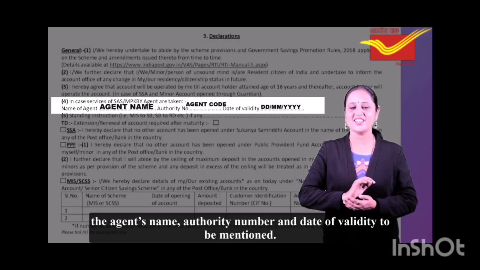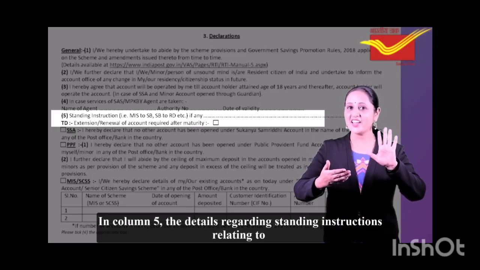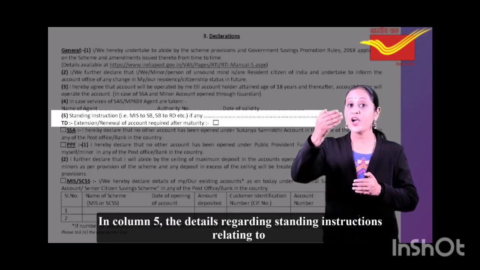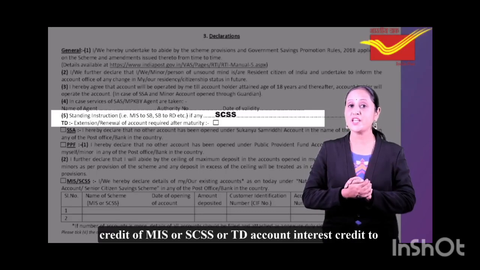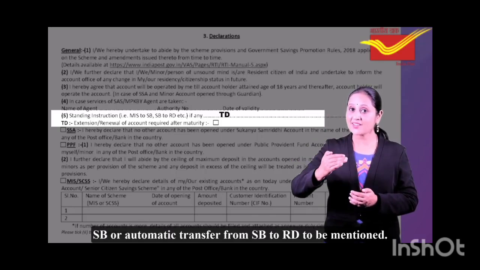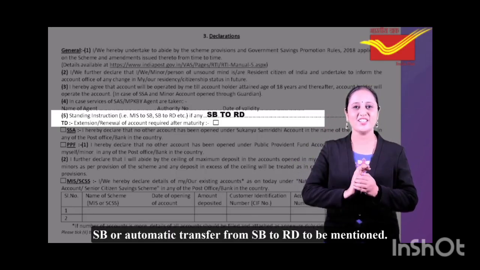In the column 5, the details regarding the standing instructions relating to credit from MIS or Senior Citizen Savings Scheme or TD account interest credit to SB or automatic transfer from SB to RD to be mentioned.